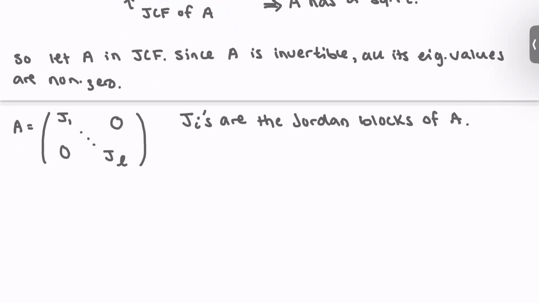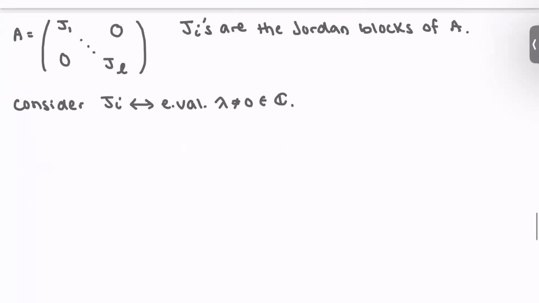Great. We also know, so let's just select one of them. So I'll say consider, say, Ji corresponding to the eigenvalue lambda not equal to 0 in C. Then we know that Ji is some m by m matrix, where it has lambdas along the main diagonal and ones on the super diagonal.